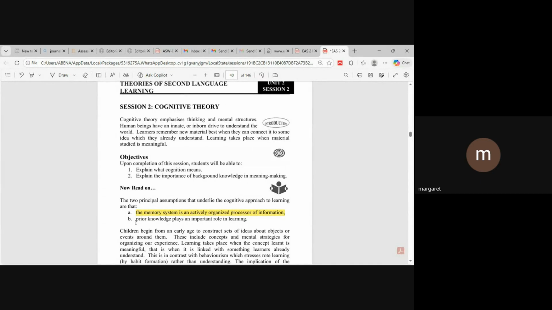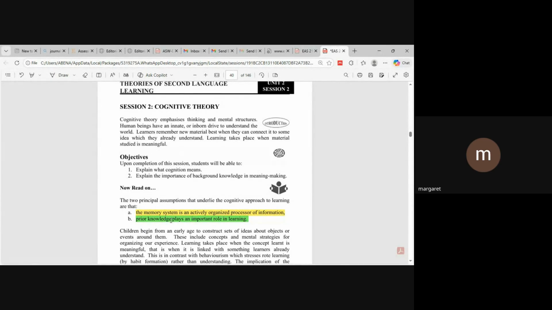So that is what the theory is saying. I'm highlighting them for you: prior knowledge plays an important role. Without the prior knowledge, it becomes difficult for the learner to make meaning out of what you are teaching them currently in the classroom.